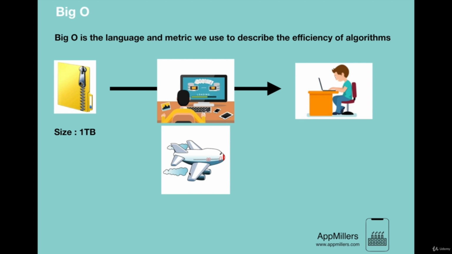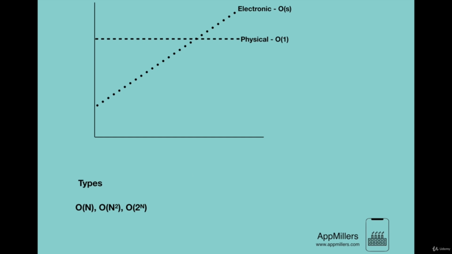It's a way of showing how the runtime of a function increases as the size of input increases. So if we come back to our example of transferring a file to a friend, we can easily see that in terms of time complexity, electronic transfer increases linearly with the size of the file, but physical delivery is constant at any size.